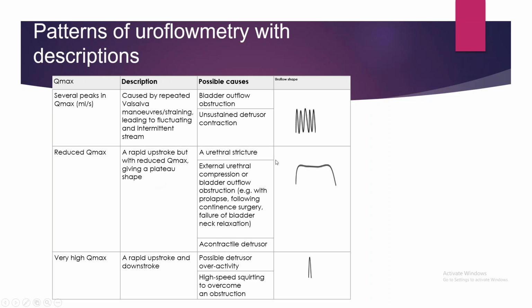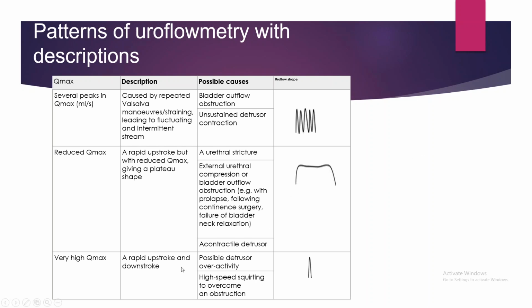It can be because of urethral stricture, or some external compression or bladder outflow obstruction from outside, like prolapse or continence surgery, or a hypocontractile detrusor.